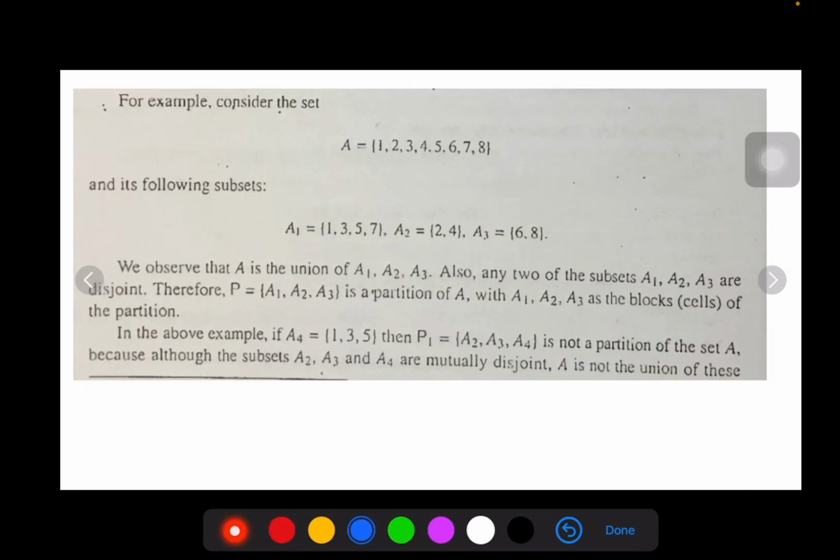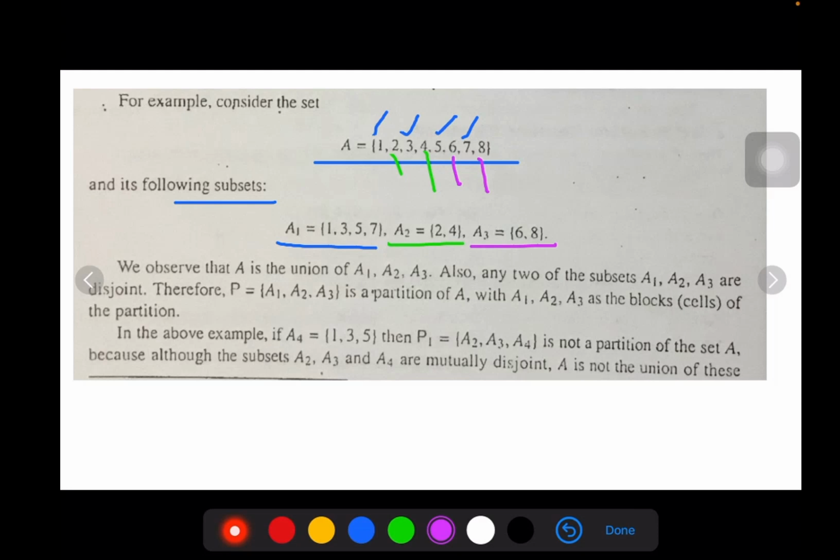So moving on to an example, the set is 1, 2, 3, 4, 5, 6, 7, 8, and its subsets are like this. A1 is defined as 1, 3, 5, 7. Then A2 is another set, 2 and 4. Then A3 is 6 and 8.